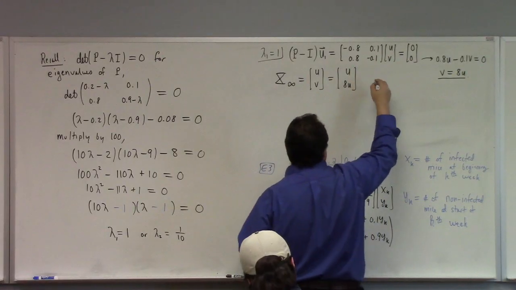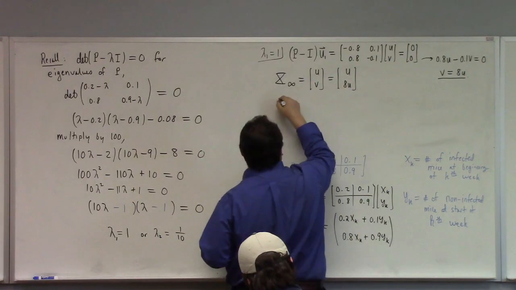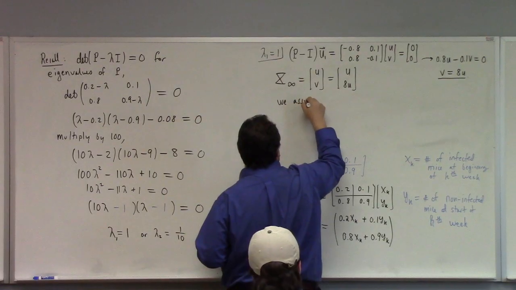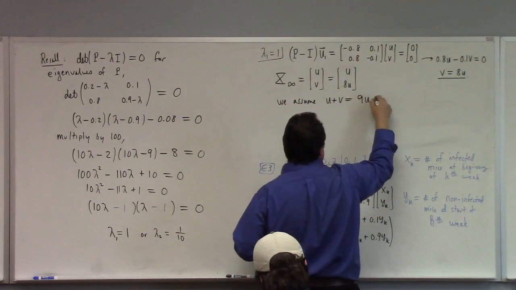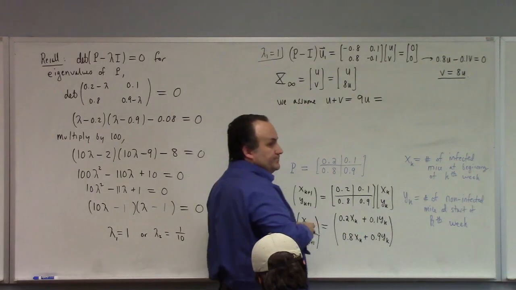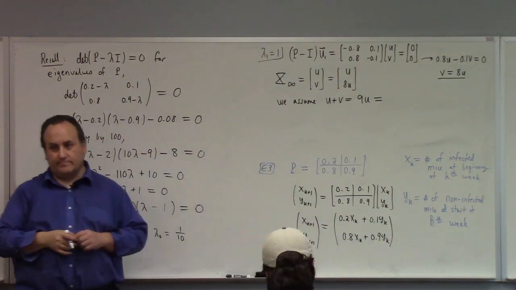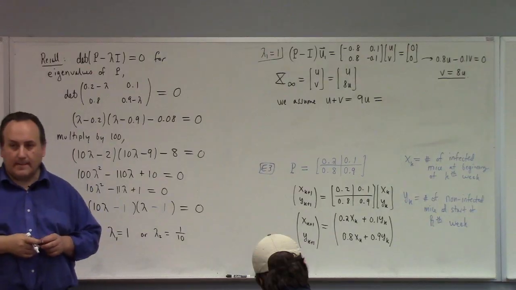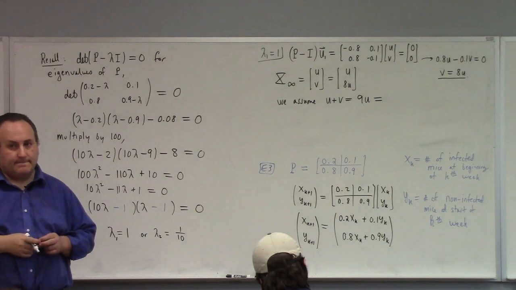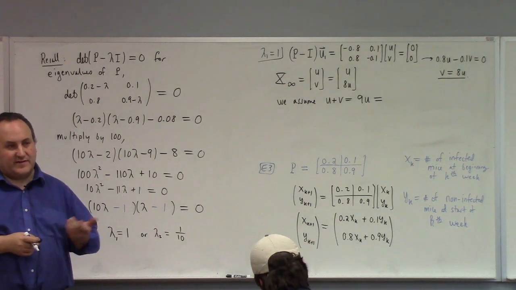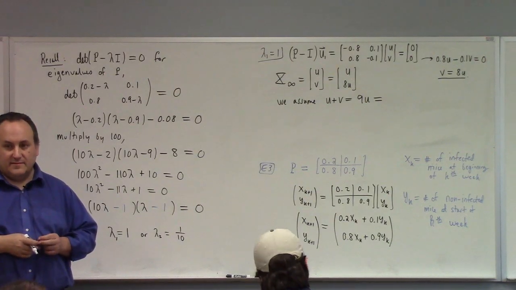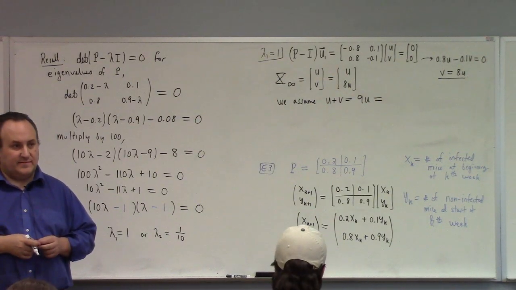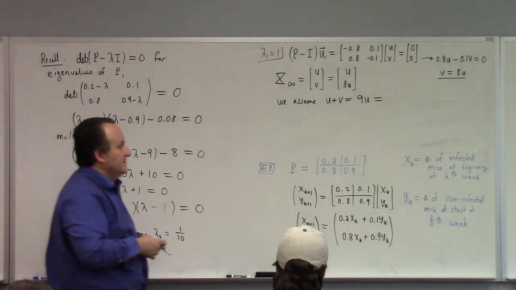But what else do we know? We assume what? u plus v, which is in this case 9u, is equal to what? This is an assumption of the problem. Remember, the mice don't die. So the sum of the mice is 1,000.